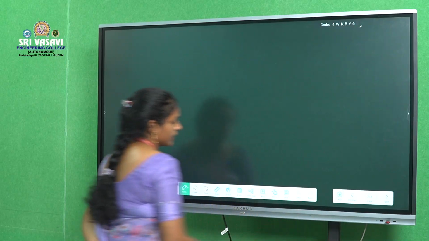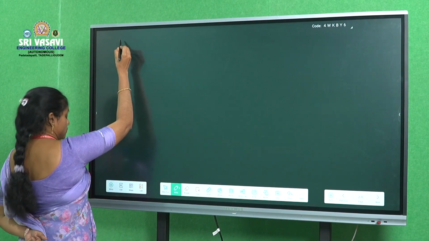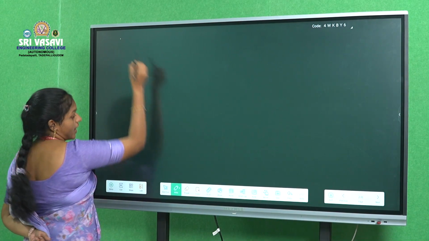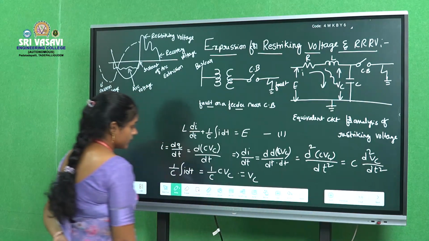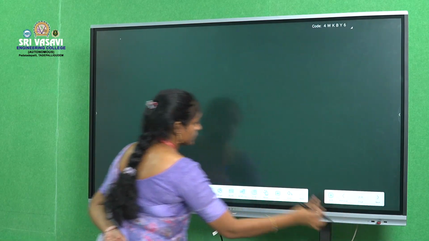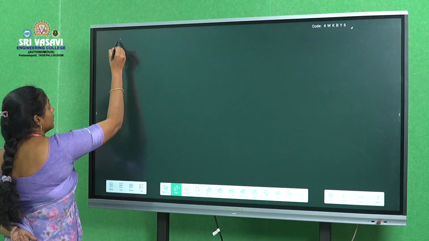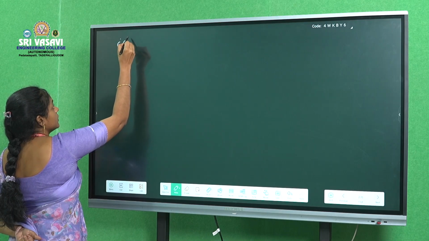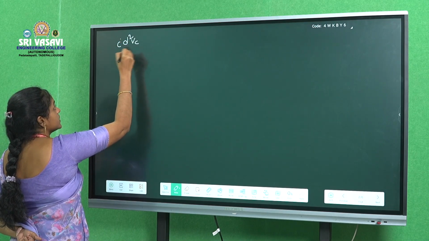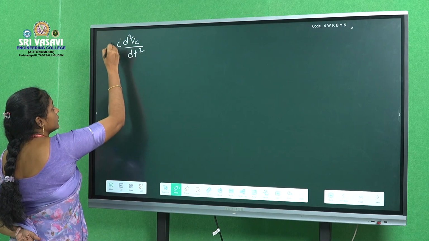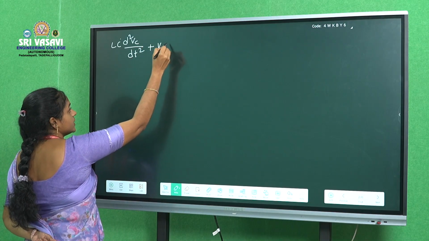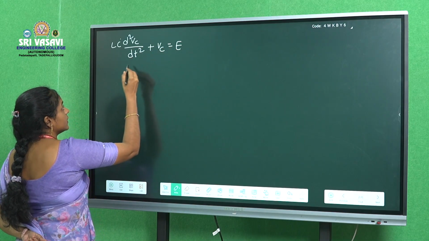Then by substituting these values in the first equation, we will get the expression LC d square Vc by dt square plus Vc equal to E.